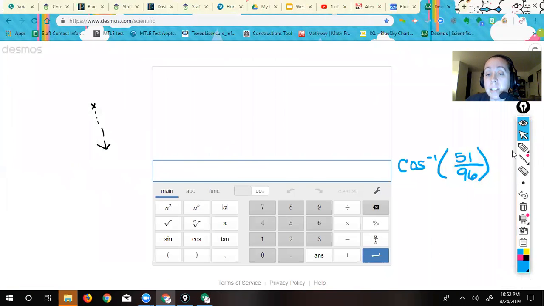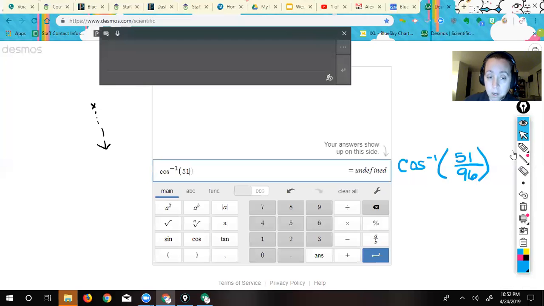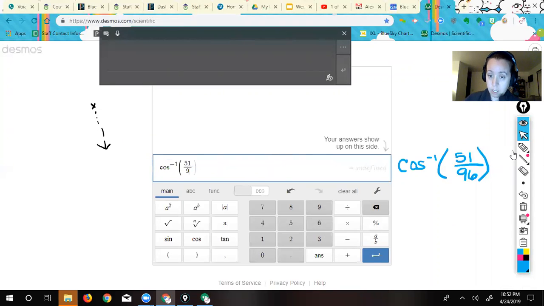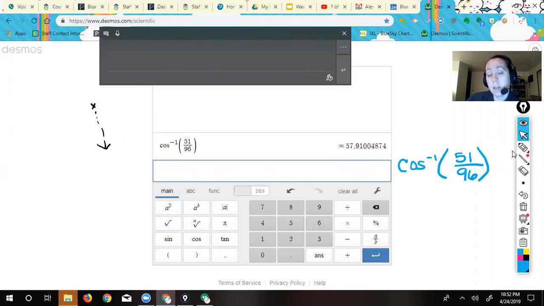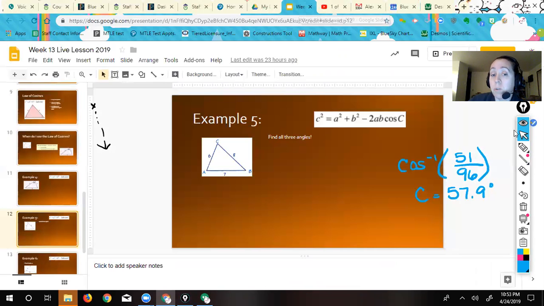So I'm going to enter, stay in degree mode, inverse cosine, 51 divided by 96. And we get an angle of about, we'll round to the nearest tenth, angle C is about 57.9 degrees. Math Excel will tell you what to round it to.